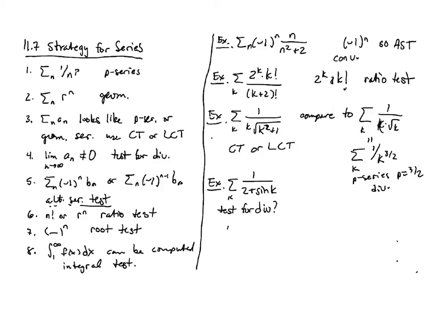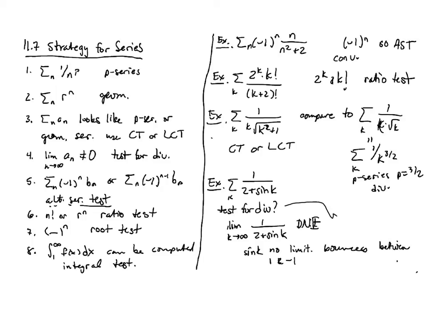And the key there is to recognize that when you take the limit as k goes to infinity of that kth term, the thing is that sine k bounces all around between values in between plus or minus 1. And so this 1 over 2 plus sine k has no limit. And from that you get to conclude from the test for divergence that the series diverges.